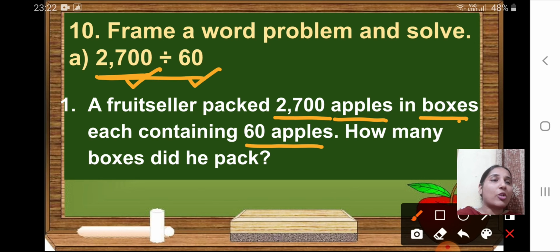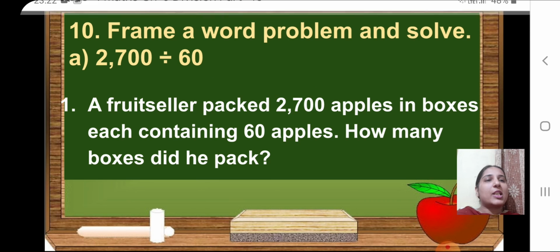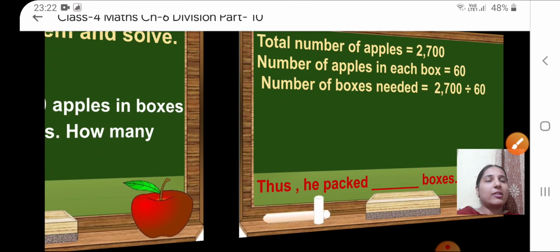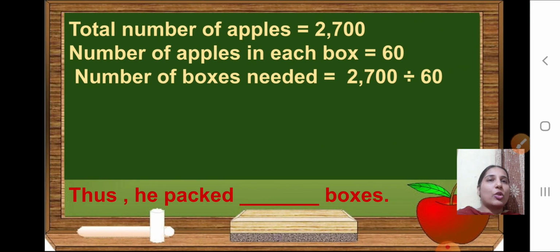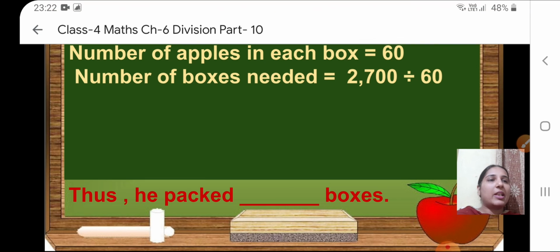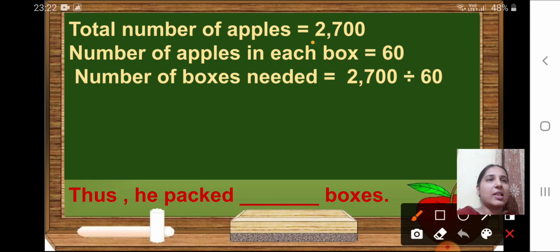So how many boxes will be required to pack all these apples? Okay, so first we will write what is being given. So total number of apples is 2700. Number of apples in each box is 60. So number of boxes needed, here I have to divide.